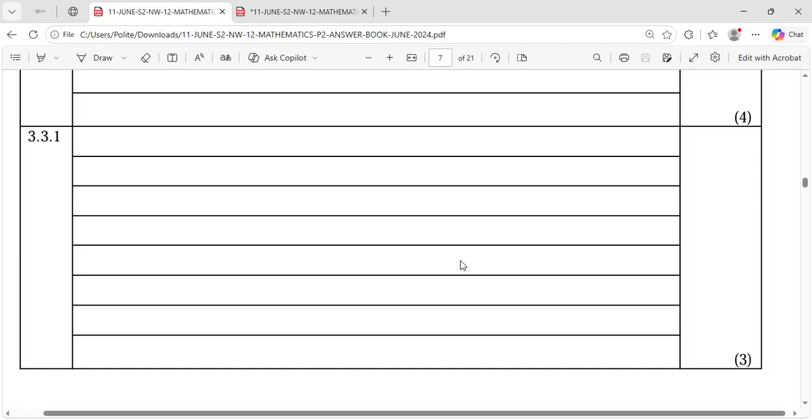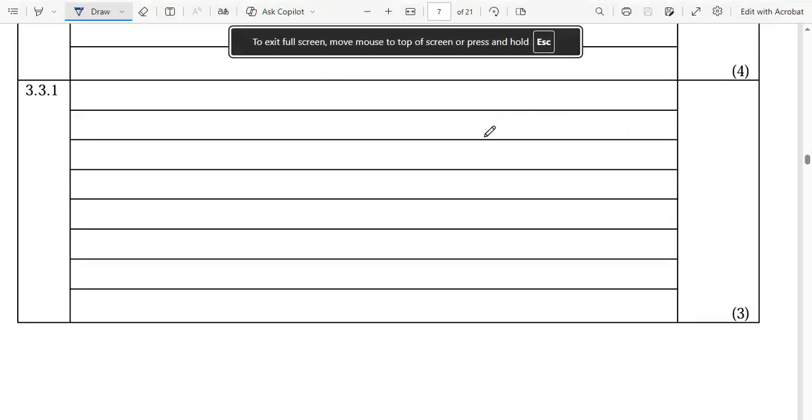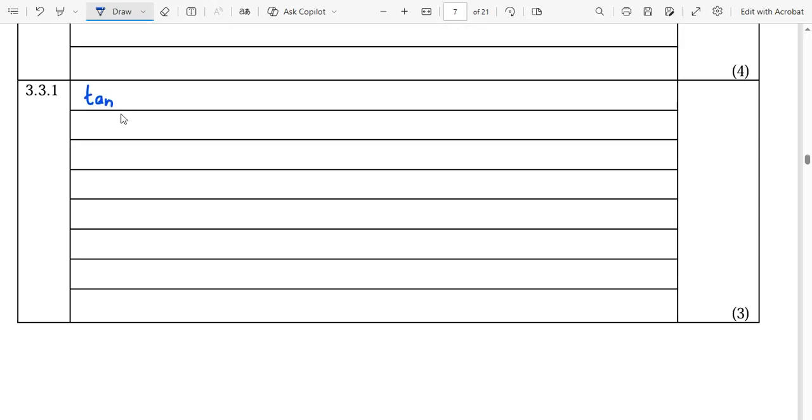So you are given that tan A equals 4 over 3, and they say that A is an element of 90 all the way to 360.